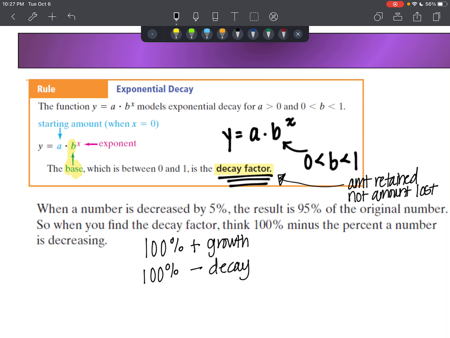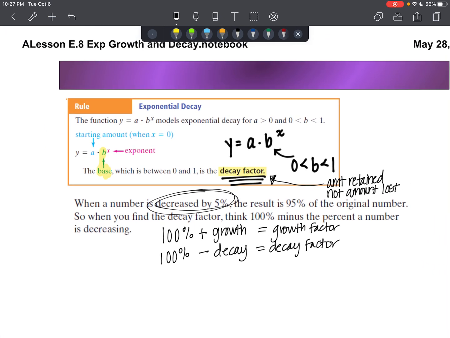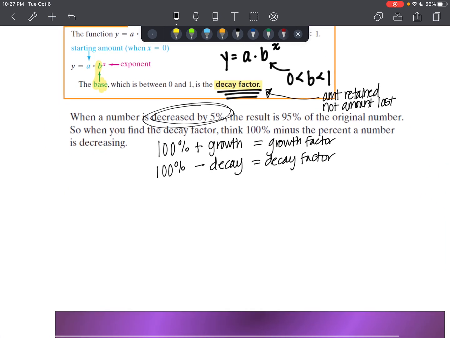So remember that 100% plus growth equals your growth factor, and 100% minus your decay is equal to your decay factor. So your decay would be the amount you're decreasing by. So 100% minus 5% is where they're getting their 95% in this little example here.